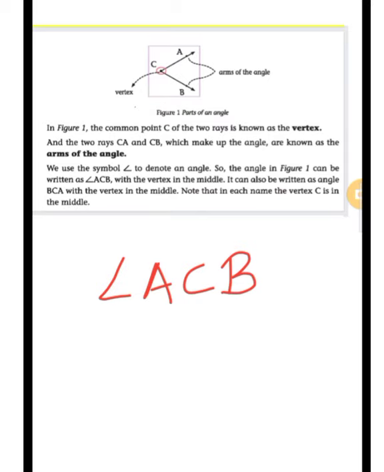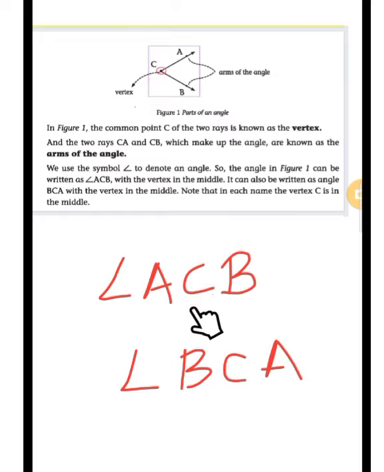We can also write it as angle BCA; we have to put the vertex in the middle. Note that in each name the vertex C is in the middle. See here, angle ACB, angle BCA.